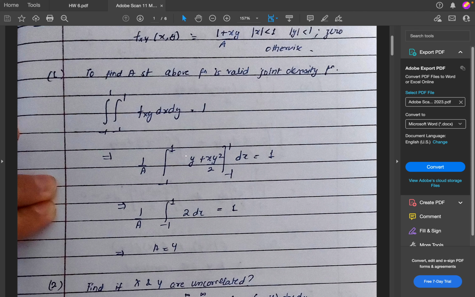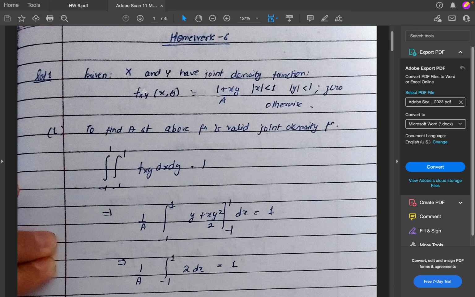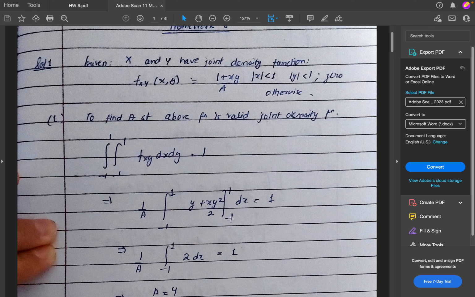First we are integrating with respect to y, so when we substitute f(x,y) as the given equation, 1 by a can be taken out, and this will be y plus xy squared by 2, where y will range from -1 to 1.